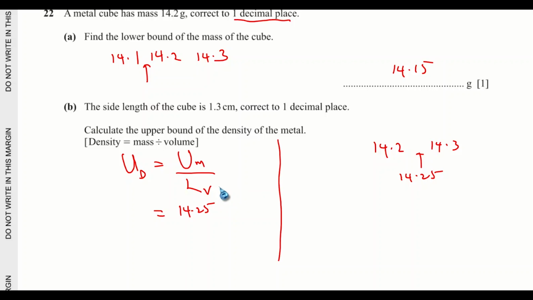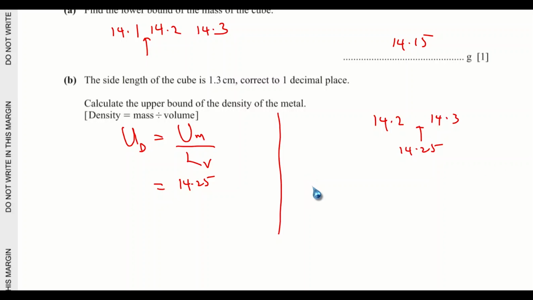Firstly, we need to calculate the volume. The lower bound of the volume will equal the lower bound of the length, cubed. The length of the cube is 1.3 centimeters. So the lower bound of the volume will be the lower bound of the length of the cube to the power of 3, or you can multiply it by itself 3 times.